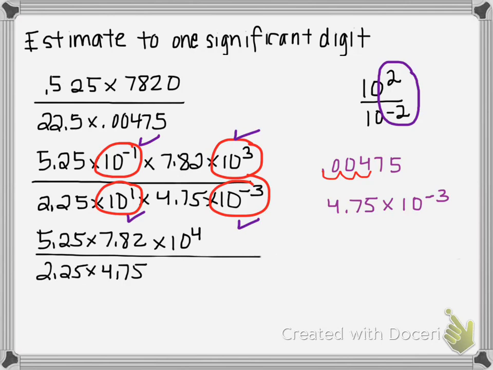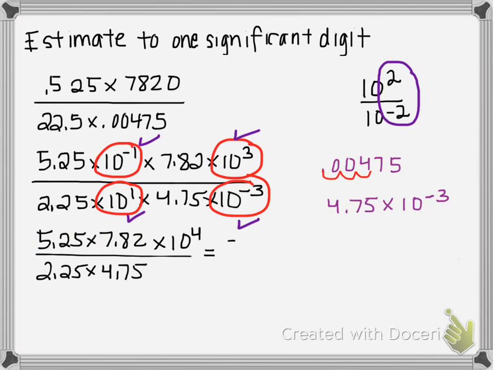So you see how scientific notation, by getting powers of 10, set me up for a calculation that helps simplify things a little bit. But I still have all these numbers over here that I would just plug into a calculator. But we are going to do this part here, one significant digit. So I'm going to convert all of these numbers down here, the 5.25, the 7.82, I'm going to convert all those to one significant digit.